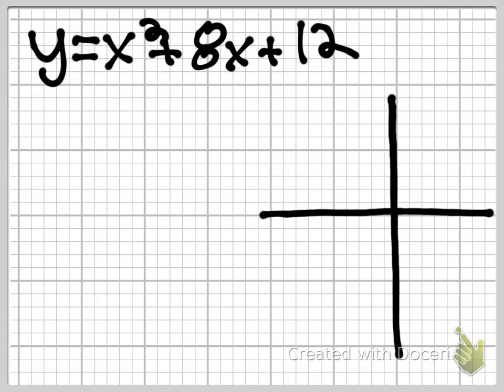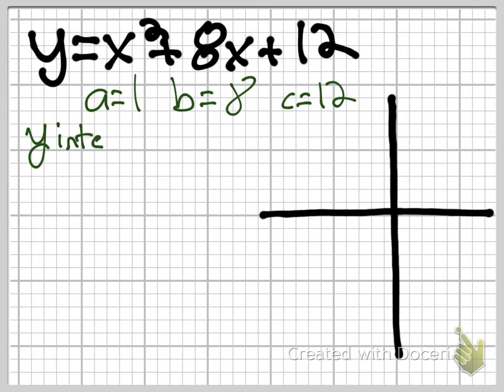So let's go through again. If you can name your A, and your B, and your C. The y-intercept is 0 and whatever the C value is.